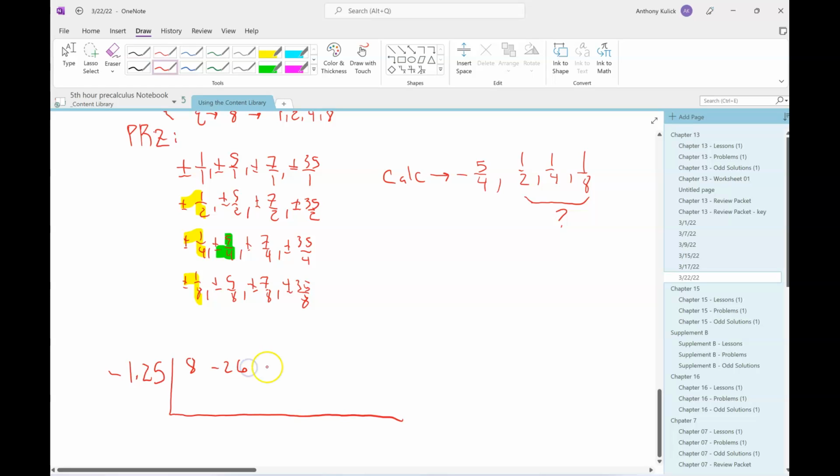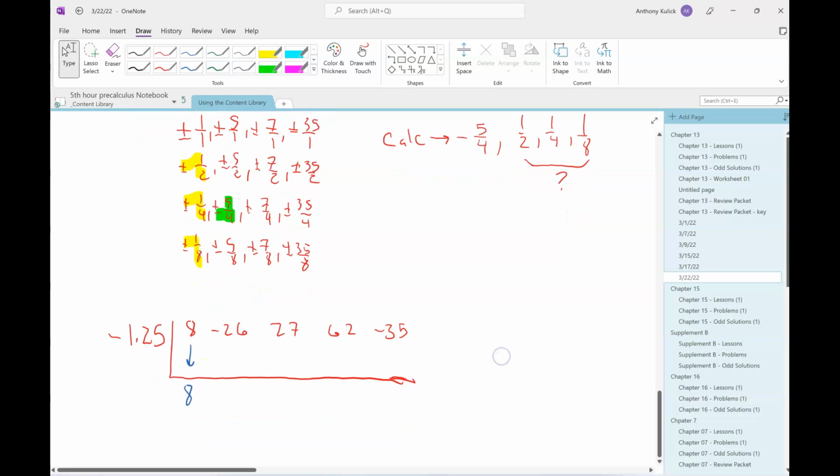So I would start with the thing that I know rather than guessing there. And we'll start our synthetic division. That's going to be negative 10.